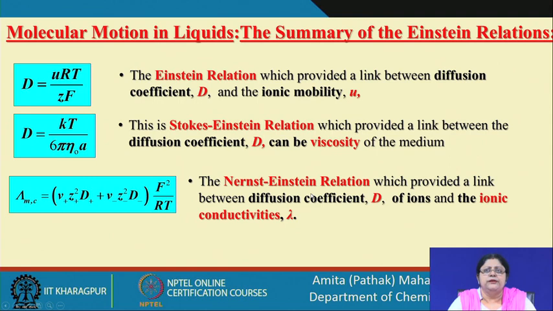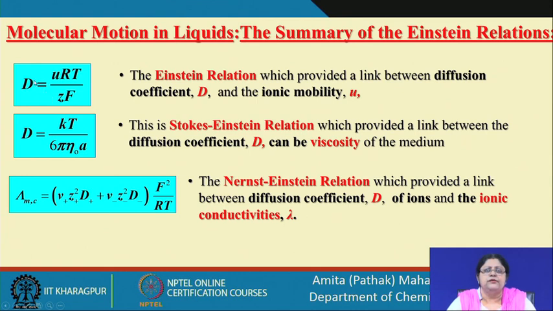A relationship between the diffusion coefficient and the ionic conductivities lambda, where these are the particles which were supposed to be charged, and if they are not charged, we do not need to separate them out into the positive and negative ions. We overlook the charge associated with it. So, let us recapitulate what each of the terms is representing in each of the equations.